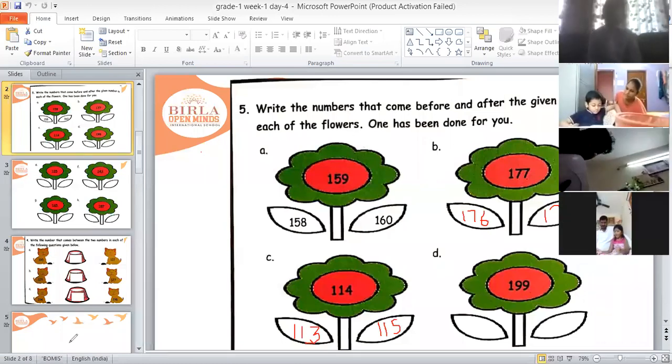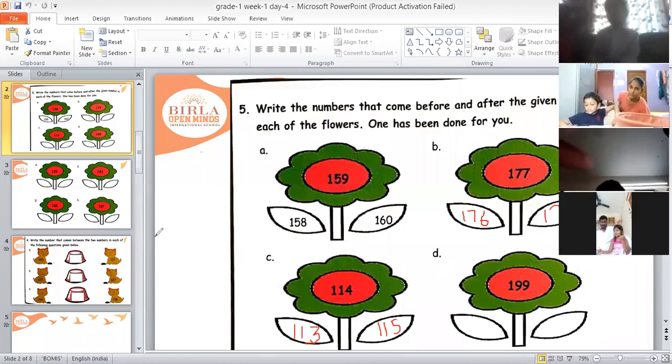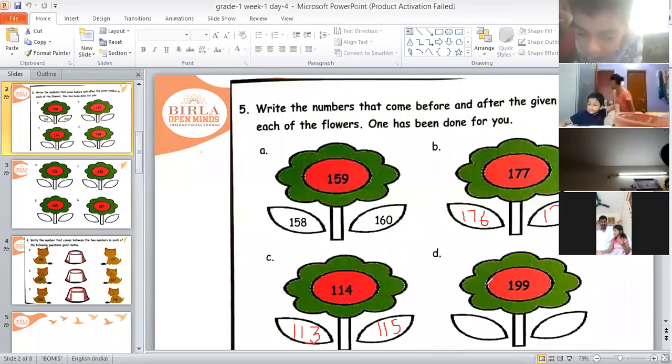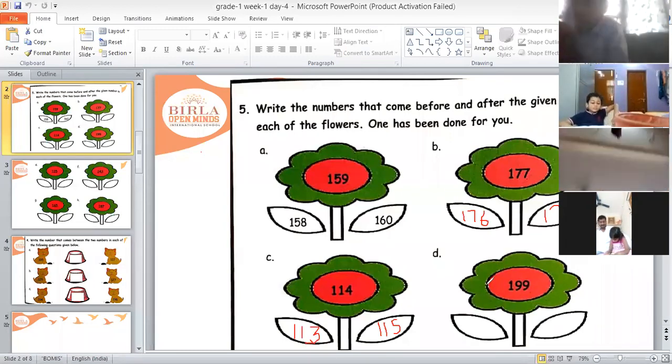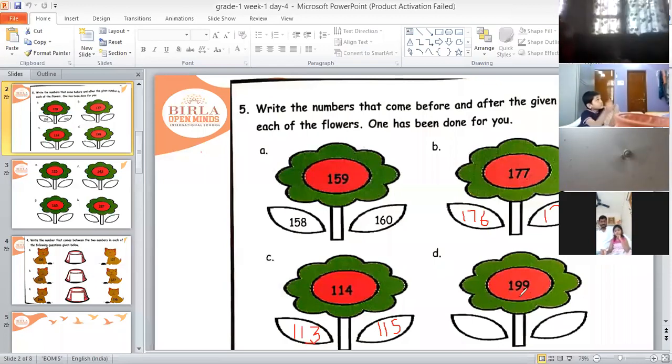115. Okay. Ashwath, now tell me what is the number inside that fourth flower? That is bit D. What is the number? No. What are you reading? I'm talking about the fourth one.